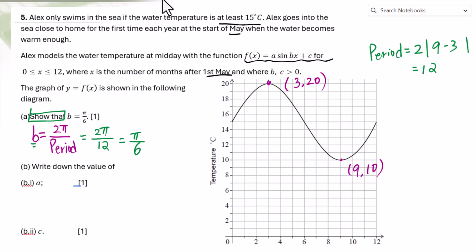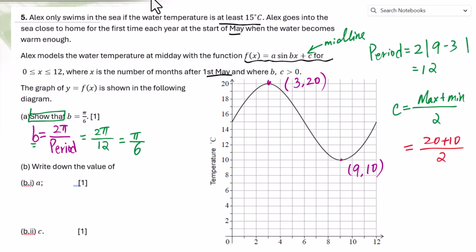B, write down the value of a and c. Let's work out the midline first, because it's easier. Midline equals (maximum + minimum) over 2, which is (20 + 10) over 2 equals 15. So c = 15.